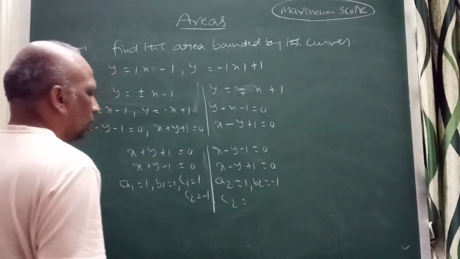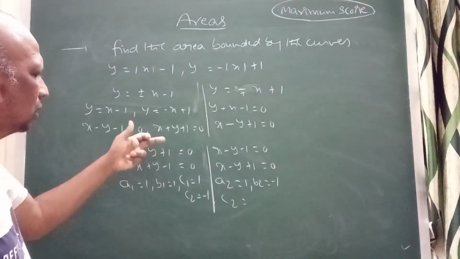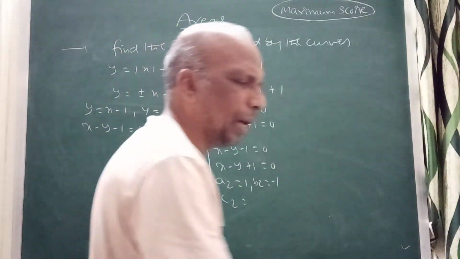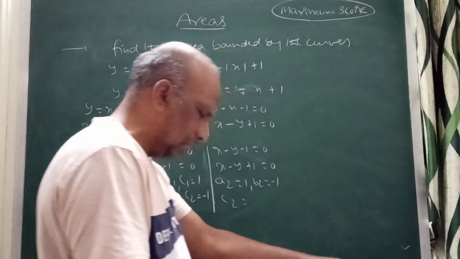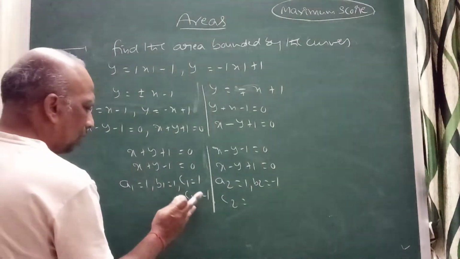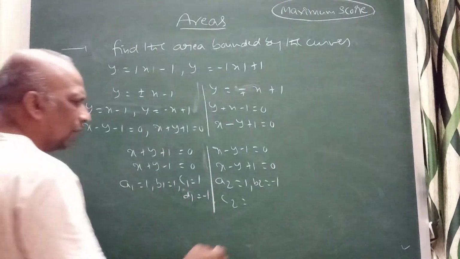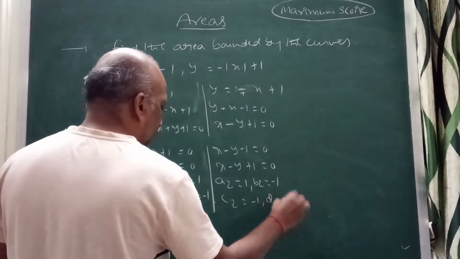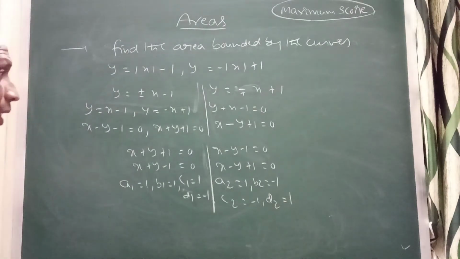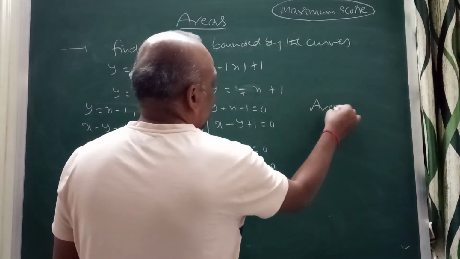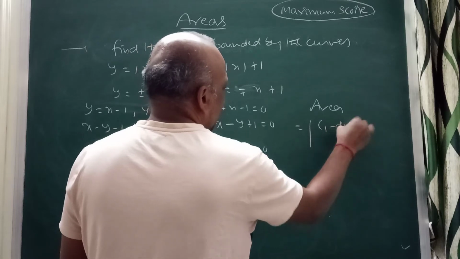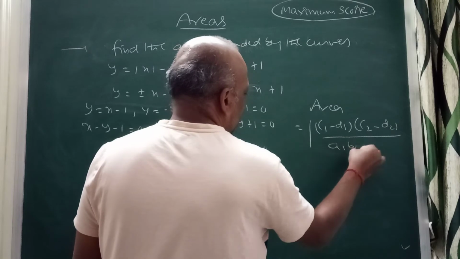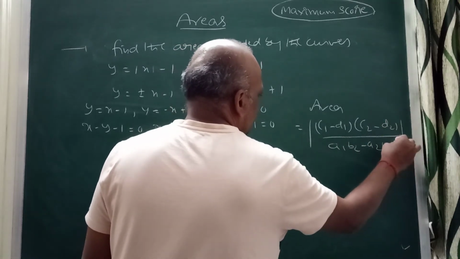I can also write the parallel lines with c1, d1 and c2, d2: c2 is equal to minus 1 and d2 is equal to 1. What is the formula given for area of the parallelogram? Area is equal to mod c1 minus d1 into c2 minus d2 by a1 b2 minus a2 b1.